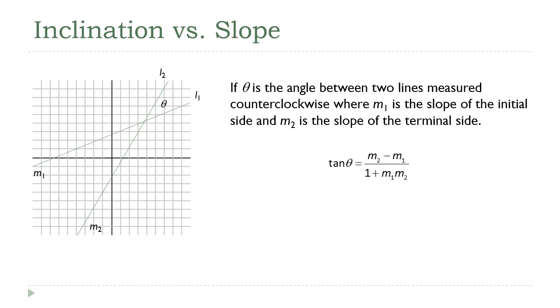So I've got some technicalities here that you need to be aware of. This gives us the angle between the two lines measured counterclockwise, where m1 is the slope of the initial side and m2 is the slope of the terminal side. You've got to get them in the right order.